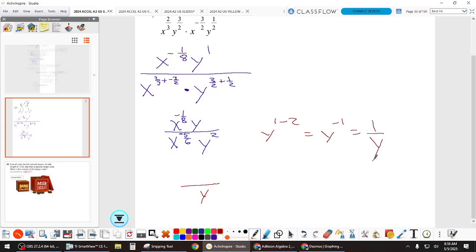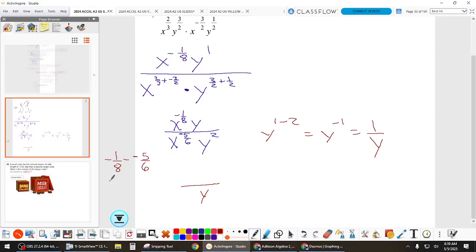Are you doing okay with your negative exponents? Okay. And then over here, negative 1/8 minus negative, whoops, that's a 5. Minus negative 5/6. You have to be careful with sign, right? Because why is it minus? Yep, because it's a quotient. But it's minus an already negative exponent.